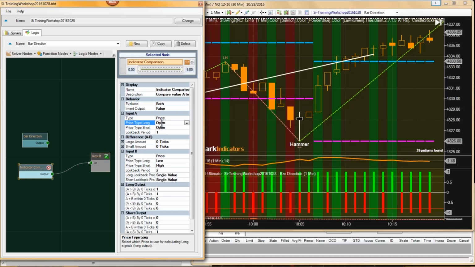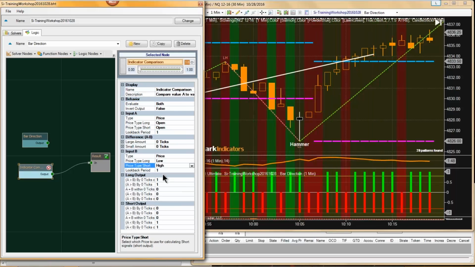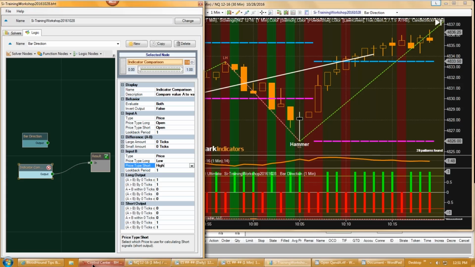So I would be comparing the open price of the current bar to either the high or the low of the second bar back. So you can mix and match, looking at prices of the same bar to prices of the previous bar, if you wish.